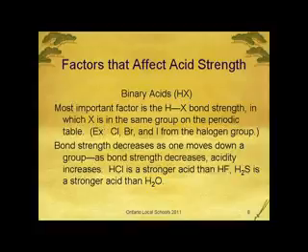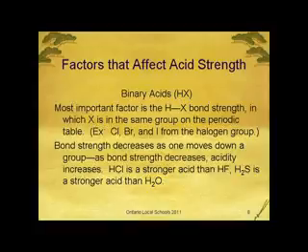Remember, when hydrogen is bonded to metals, it doesn't have an acidic behavior, only when it's bonded to nonmetals.